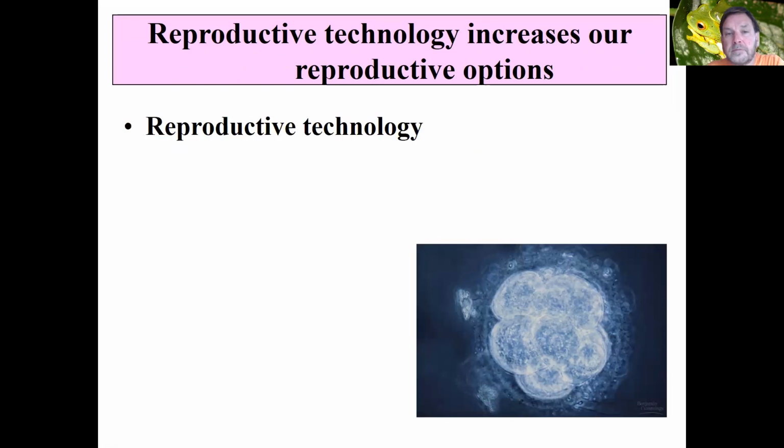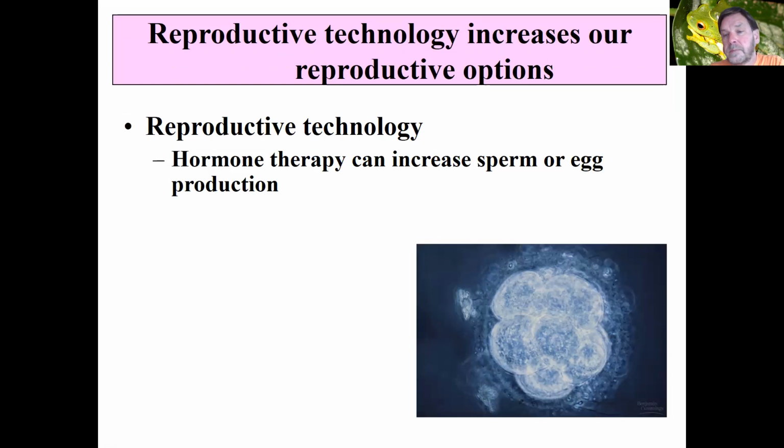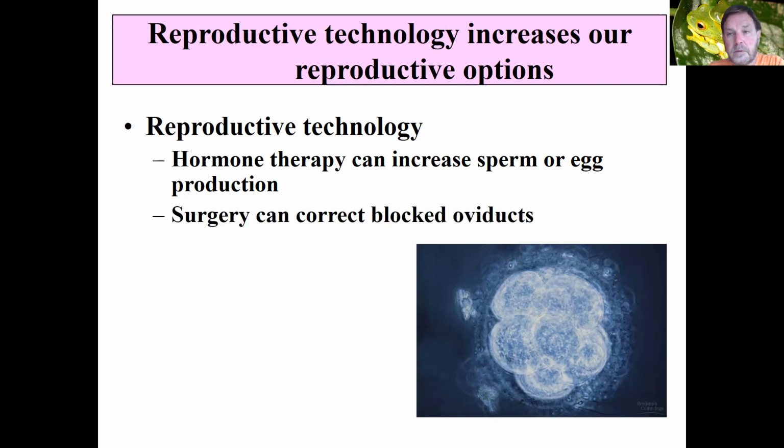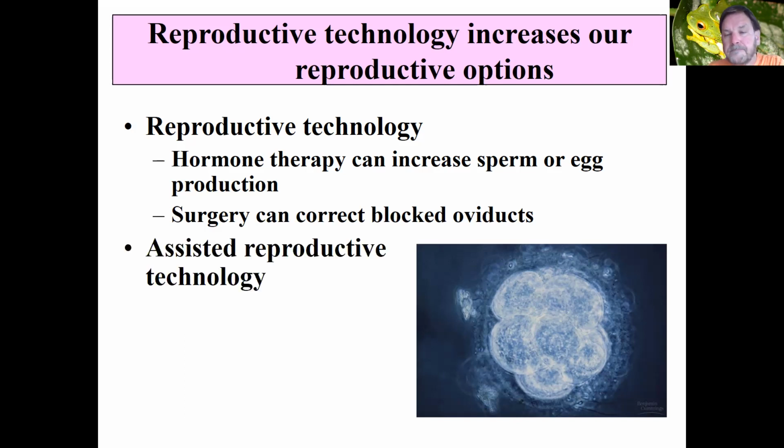Finally, you have reproductive technology options. Hormone therapy, if there is low production of sperm or release of eggs, that can help create more opportunities for production. If you have blockage of oviducts, for example, surgery can correct that. And there's also assisted reproductive technology.